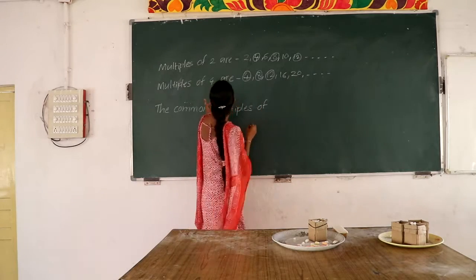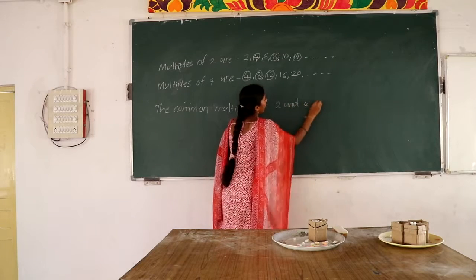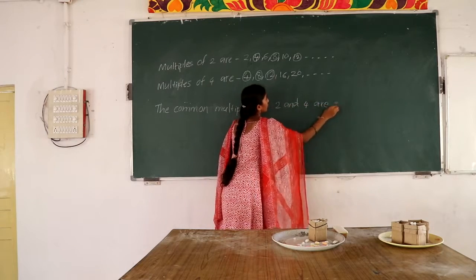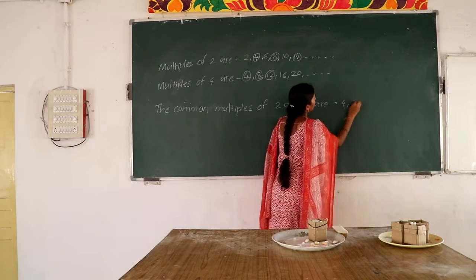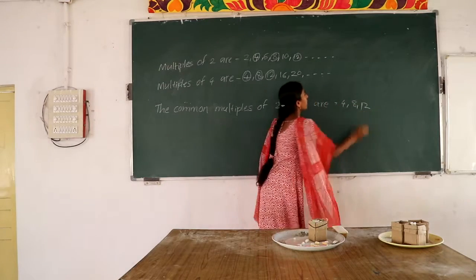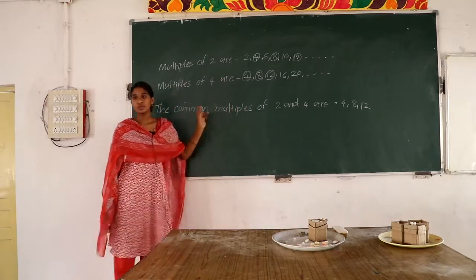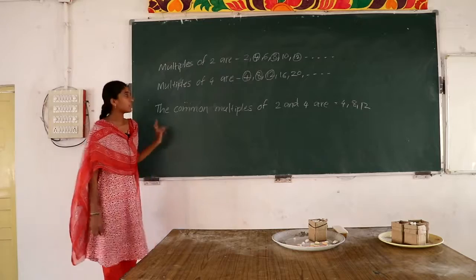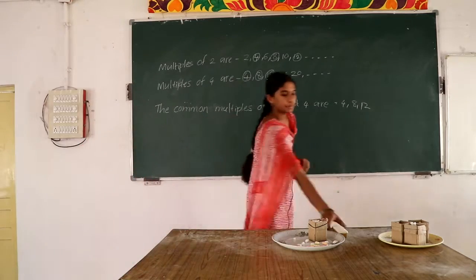These are the common multiples of 2 and 4: 4, 8, 12. Is it clear? Common multiples? Let us know about least common multiple.